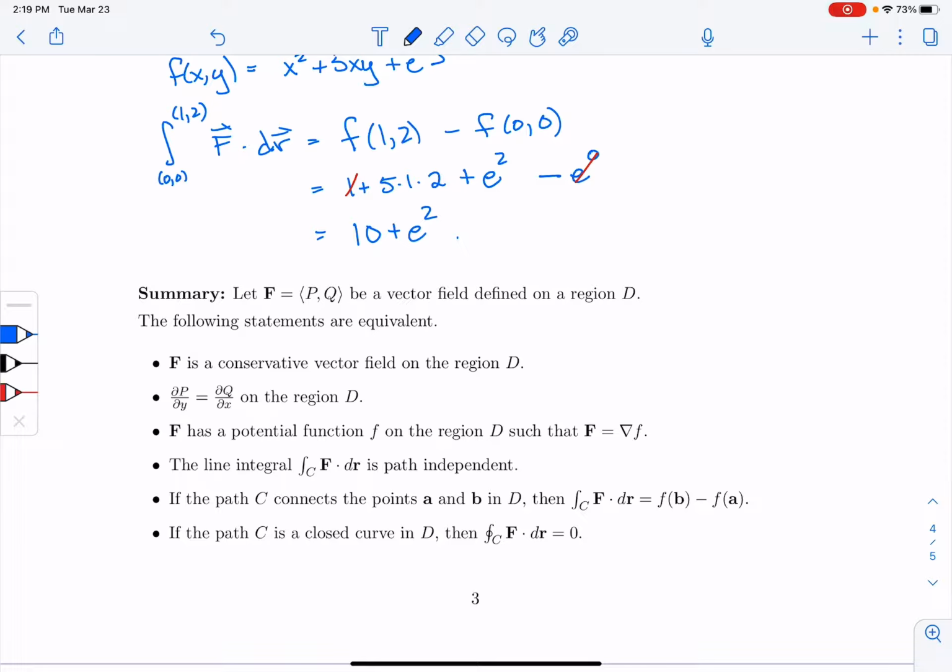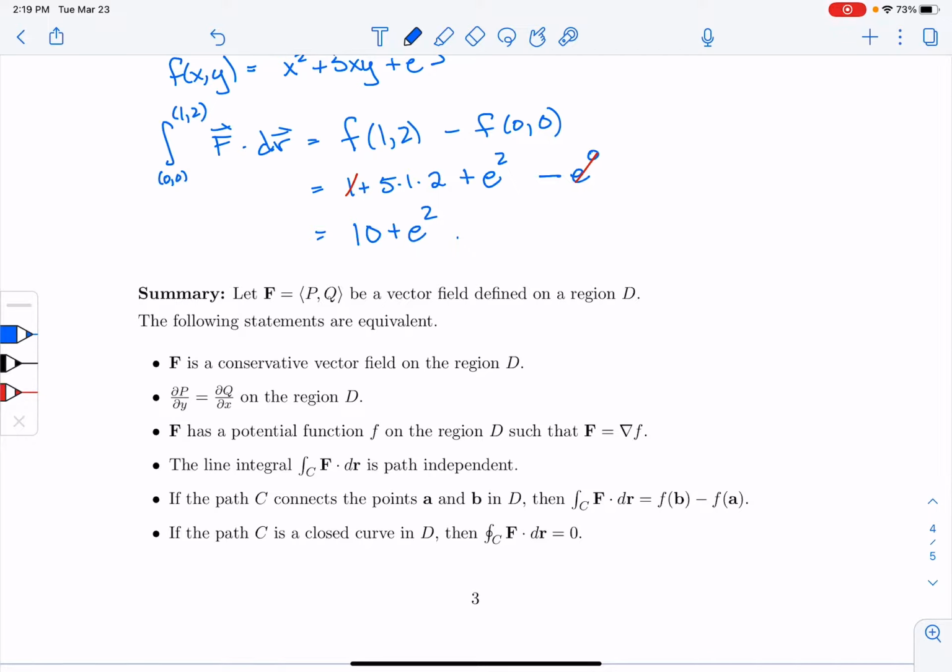Well, we learned in a previous lesson that meant that dP/dy equals dQ/dx on a region D. And we also learned in a previous lesson that F has a potential function such that the gradient of little f is equal to my vector field capital F. But in these lessons on path independence and the fundamental theorem, we've also learned that if F is a conservative vector field, the line integral of F dot dr is path independent.